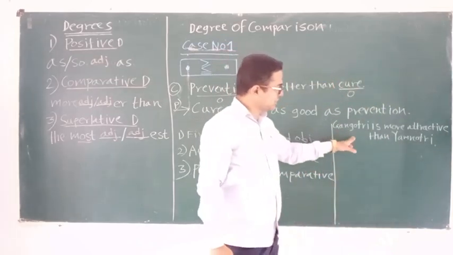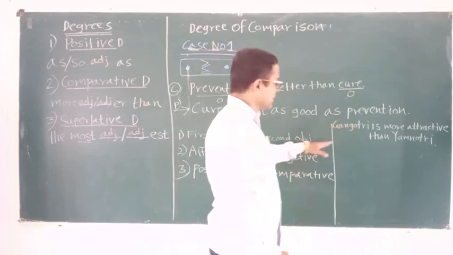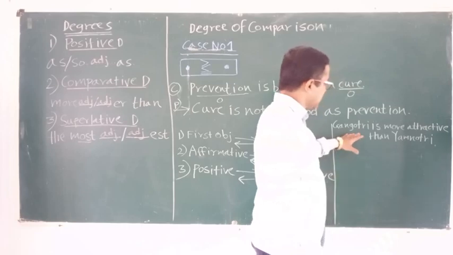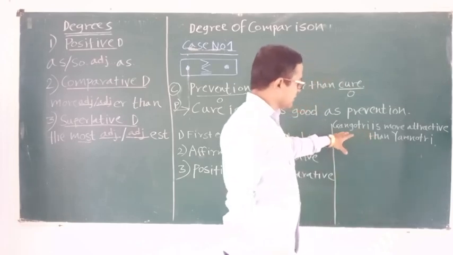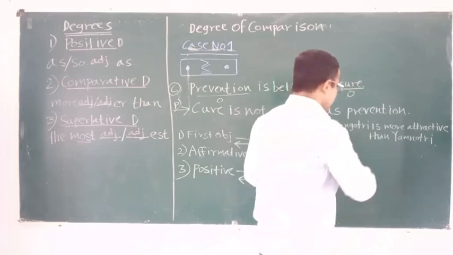So this given sentence is also in comparative degree. We have to change it into positive degree because the comparison is made between two objects, Gangotri and Yamunotri.